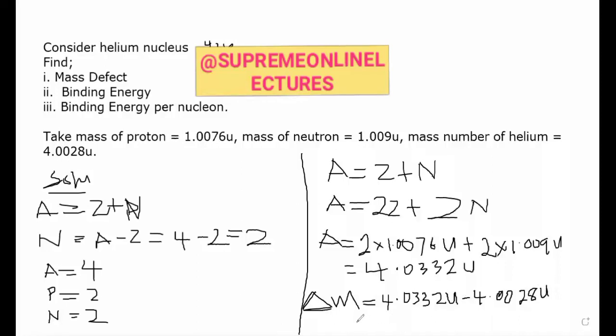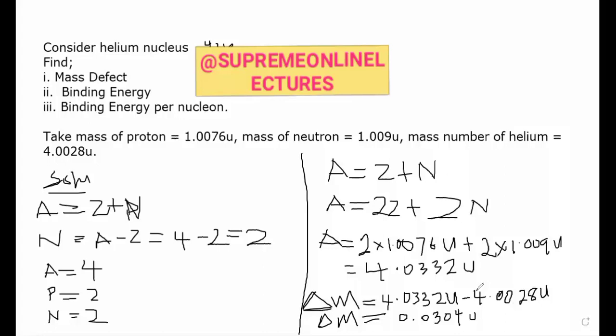Okay, so we will end up having change in M equals, when you subtract the calculated mass by the actual mass, 0.0304 U. Okay.